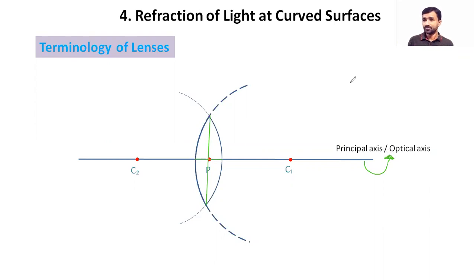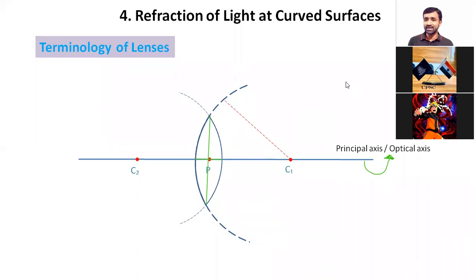Is it clear? Then I'm connecting the center and the curvature. What can you call this red dotted line, which is joining the surface of the lens and its center?